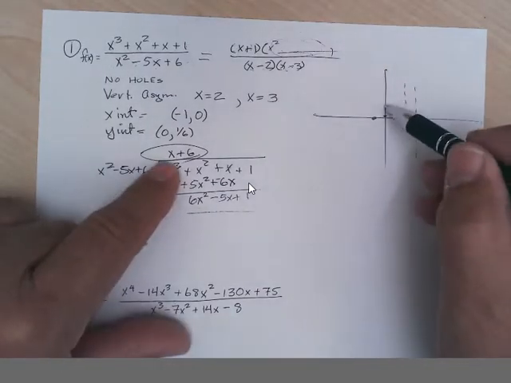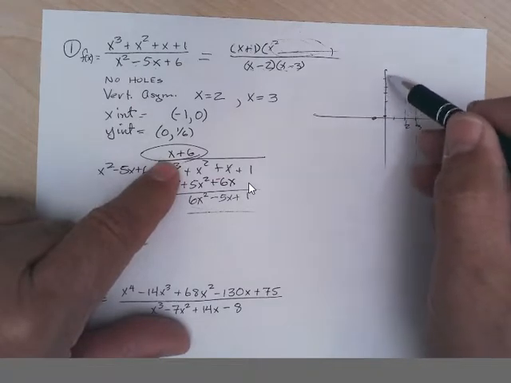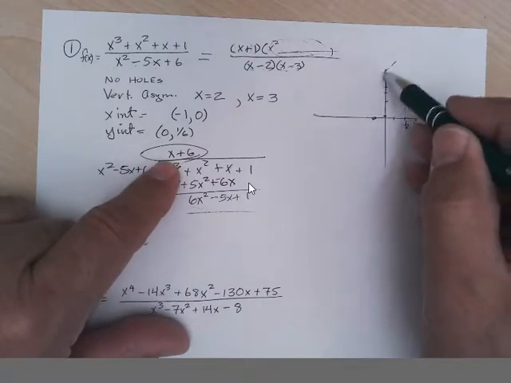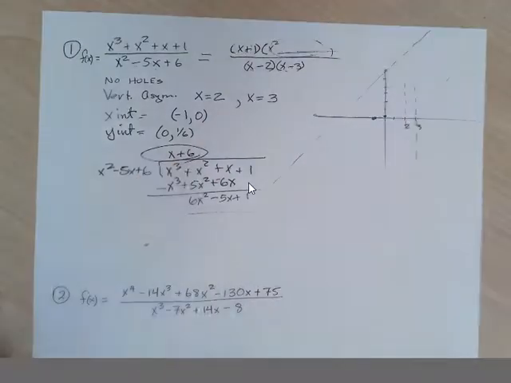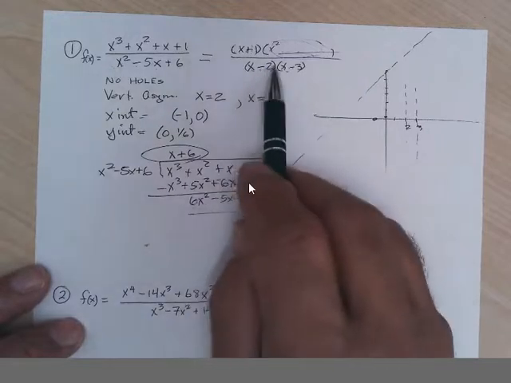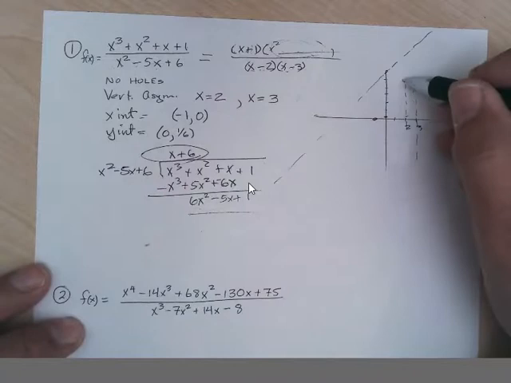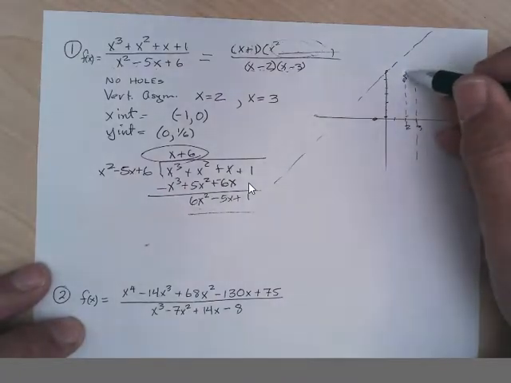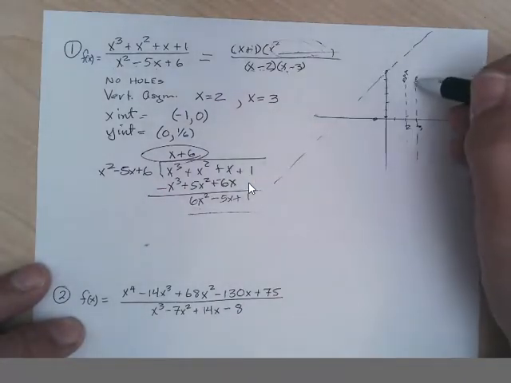So it goes through plus 6. 1, 2, 3, 4, 5, 6, and it's y equals x, so it goes something like this. Okay, and this was a multiplicity 1 factor, so it goes in opposite directions on this asymptote. And this was also 1, so it goes in opposite directions on this one.